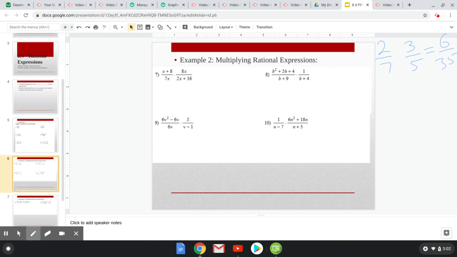So on top, I'm going to have x plus 8 times 8x. And on the bottom, I have 7x, and then I'm going to factor out a 2. So I'm going to have 2 times x plus 8. So now I can see that my x plus 8s will cancel, which is really nice. So that's why we want to factor.